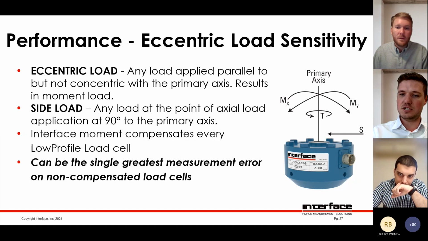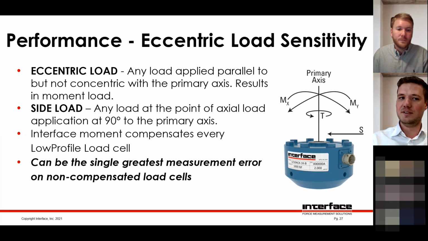They need to be checked because they can be the single greatest source of error in the system, up to 10 or 15% even in some cases. And when you're talking about a 0.02% error on the load cell performance, you then introduce a 10% error due to an off-axis load, and the performance of the load cell goes out the window. So it's a very important consideration.